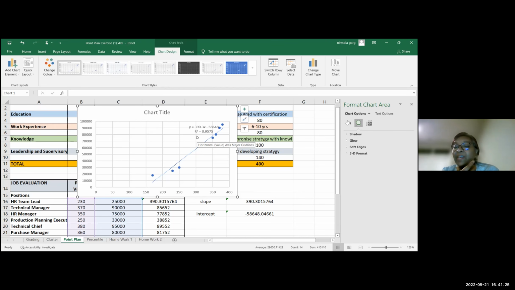So, which is a very good indicator, because typically if your R square is anything less than 80, that means you need to again go back to your drawing board to look at your market data. Okay, can you see this R square? This is called your regression. Okay, guys, any questions? Because you will have to go back and do it.